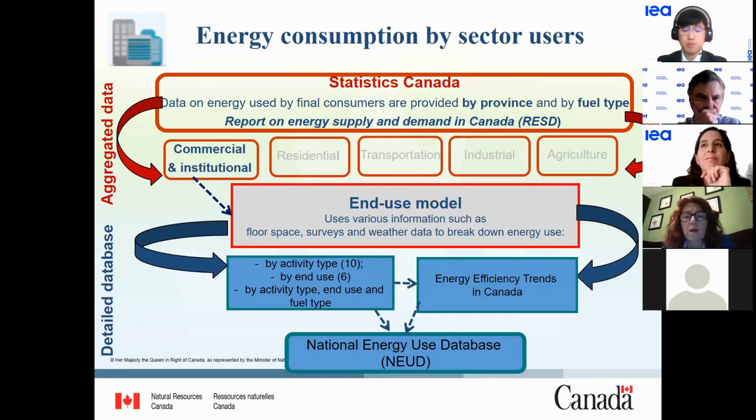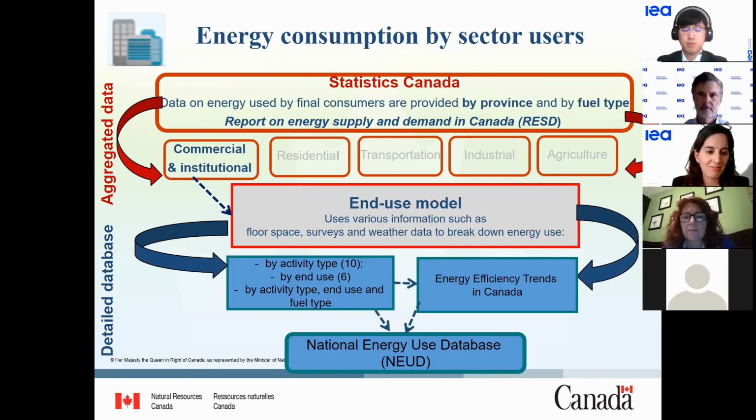So first of all, we get our data from Statistics Canada annually. So the demand side is getting data annually, and it's coming through the Report on Energy Supply and Demand in Canada, which is our main source of data.